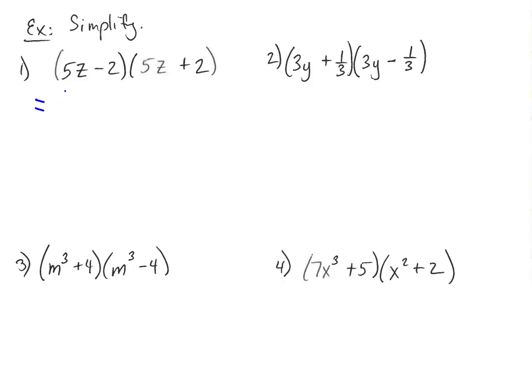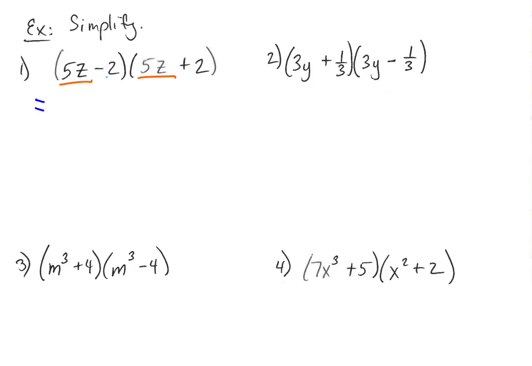The first example I want to try has two sets of parentheses. The first set contains 5z minus 2. The second set contains 5z plus 2. So you can recognize the different parts of this that match up with the formula above. The first term, the 5z, matches in both sets of parentheses. That's like the a.